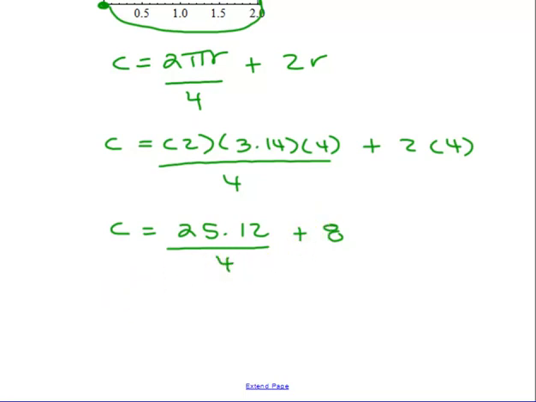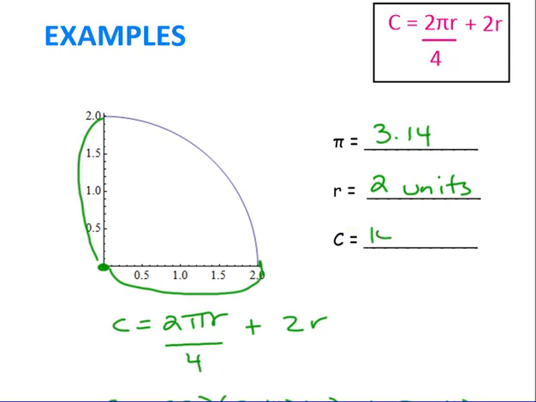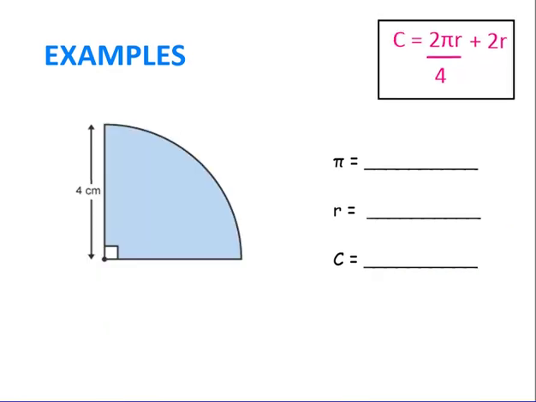When we divide that by 4, we get 6.28 plus 8, which is going to give us a circumference of 14.28 units.